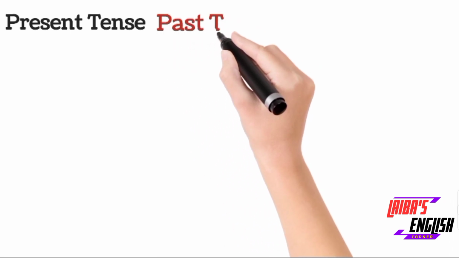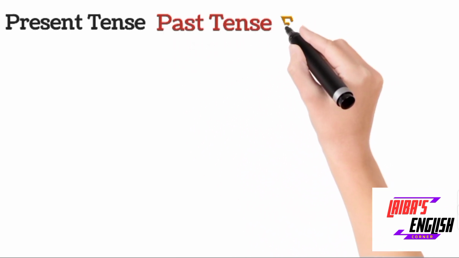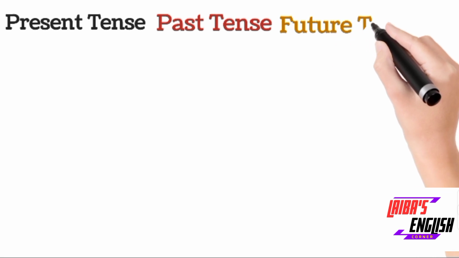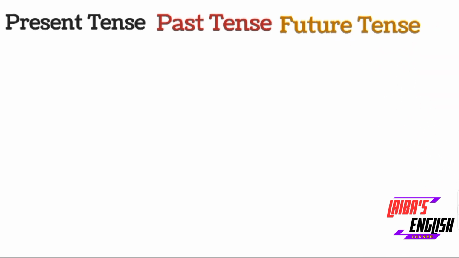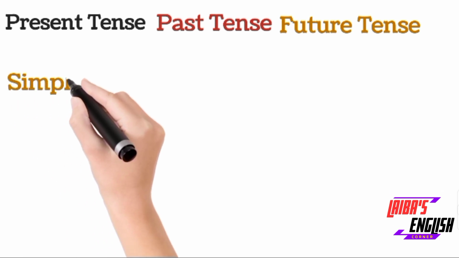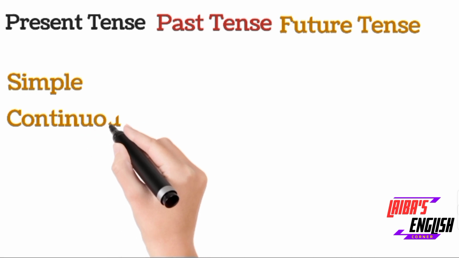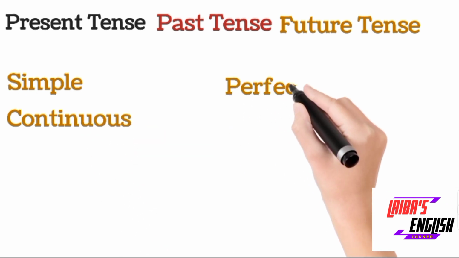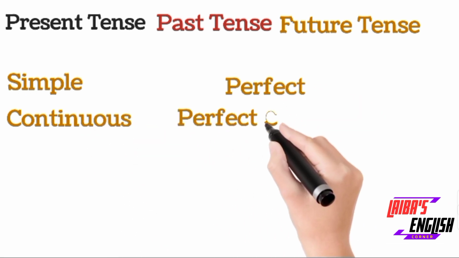So basically there are 3 tenses: present tense, talking about the present, past tense, talking about the past, and future tense, where we talk about the future. These 3 tenses are further subdivided into 4 types, and the 4 types are simple, continuous, perfect and perfect continuous.